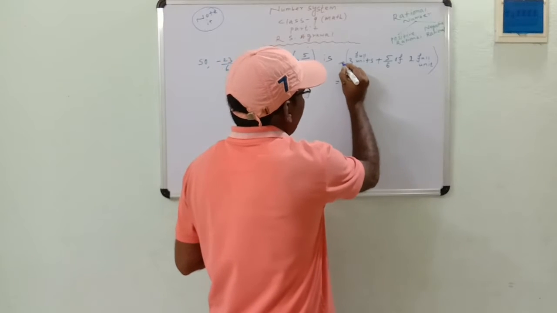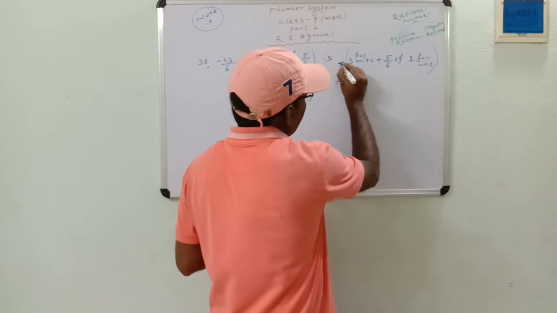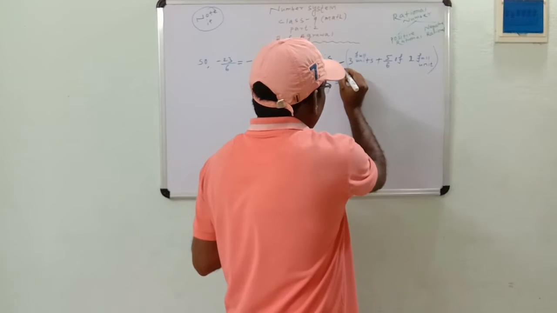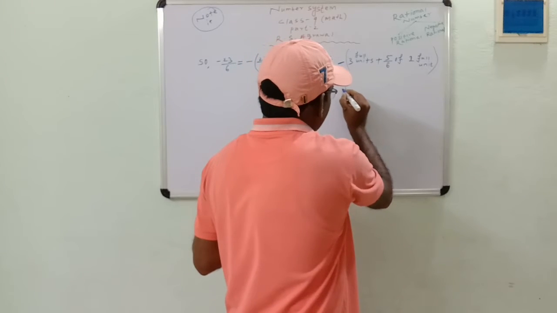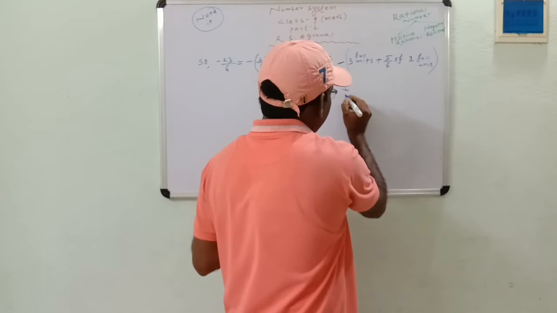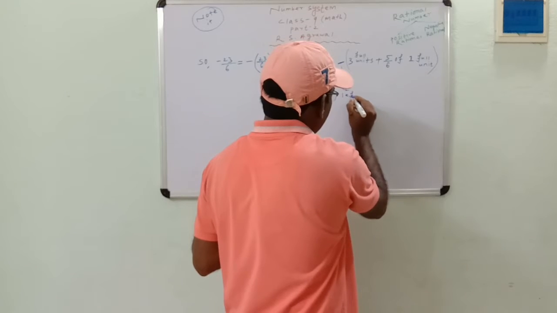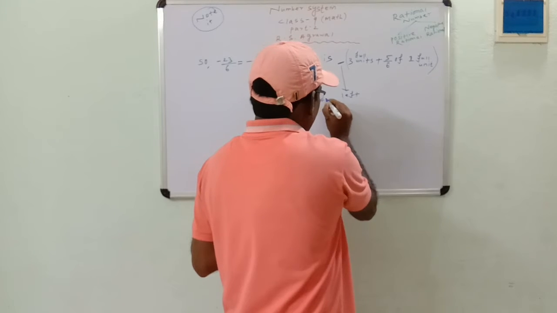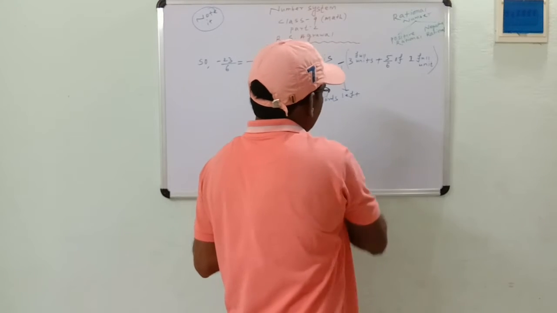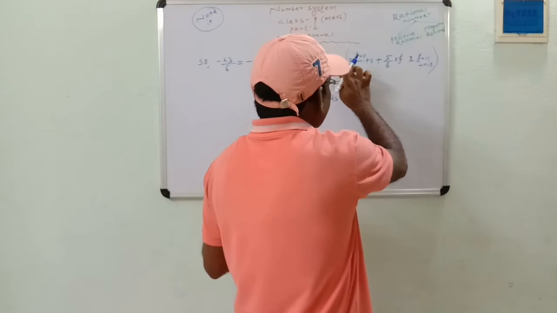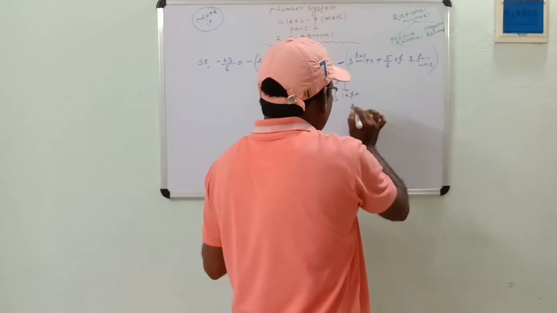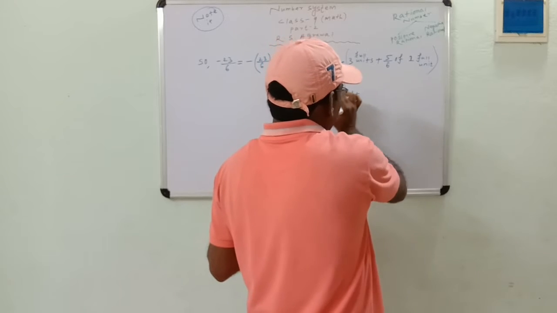As it is the minus sign, it simply indicates the direction. Direction means left direction, towards the left. So the minus sign simply indicates the direction, that is the left direction.